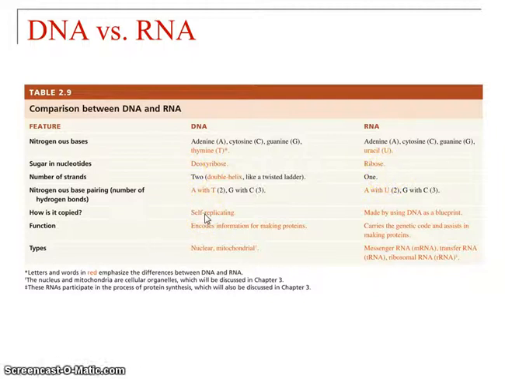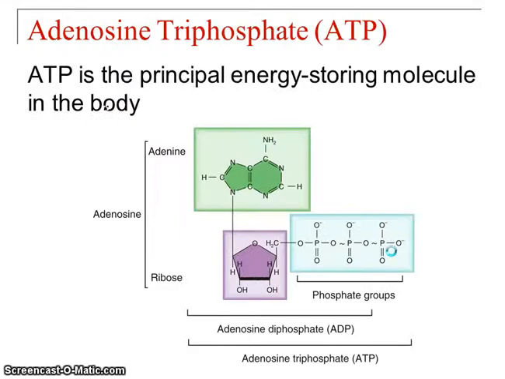DNA in each cell is self-replicating, so we read it to make new DNA, whereas RNA is made from DNA as a blueprint. Then down here, we'll talk about mitochondrial DNA more in Chapter 3, and then the different types of RNA. It's really neat that there are 3 different types of RNA with different functions, but they all work to code for proteins, and we'll look at how they do that next chapter as well.